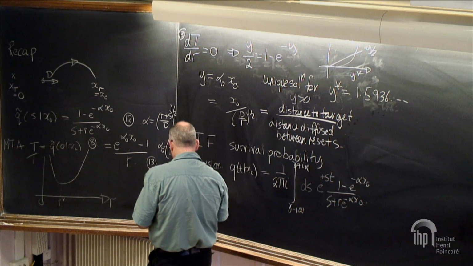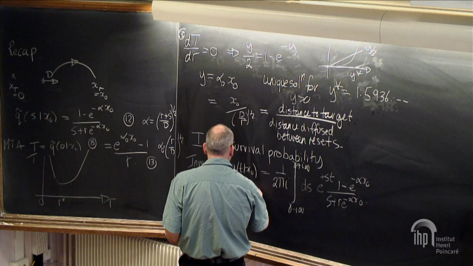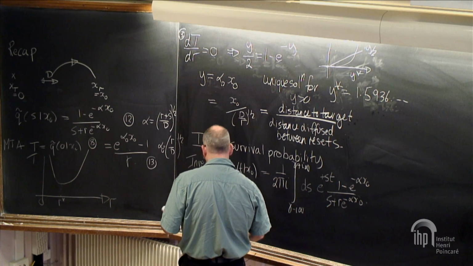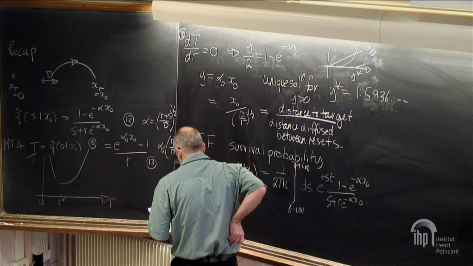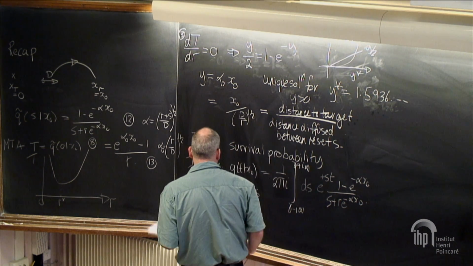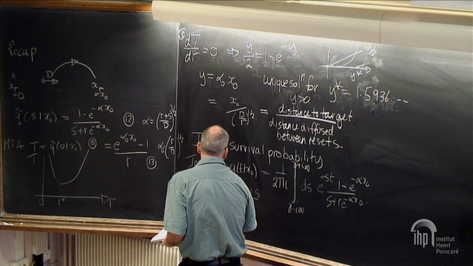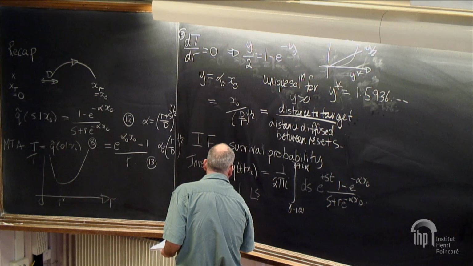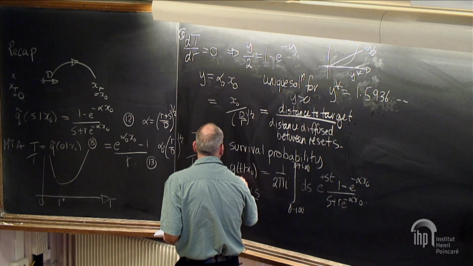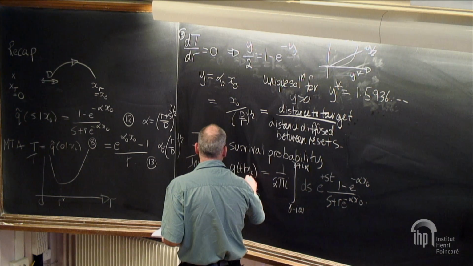So if I sketch, this is the complex s-plane. So that's my Bromwich contour. It's going from gamma minus i infinity to gamma plus i infinity.